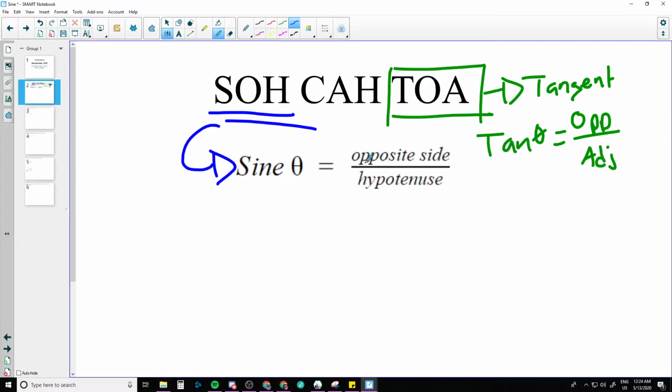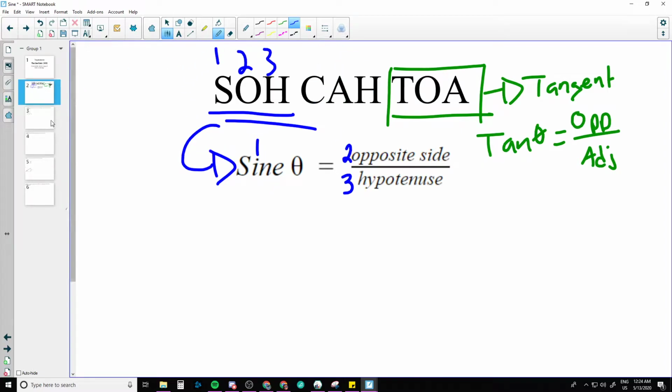Sine theta equals opposite over hypotenuse. You see this pattern? You've got 1, 2, 3, 1, 2, 3. Okay, now you can probably imagine that when we talk about cosine next week, it's going to be cosine theta equals the adjacent over the hypotenuse.